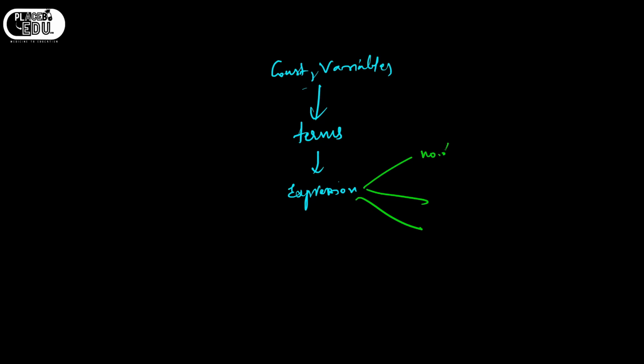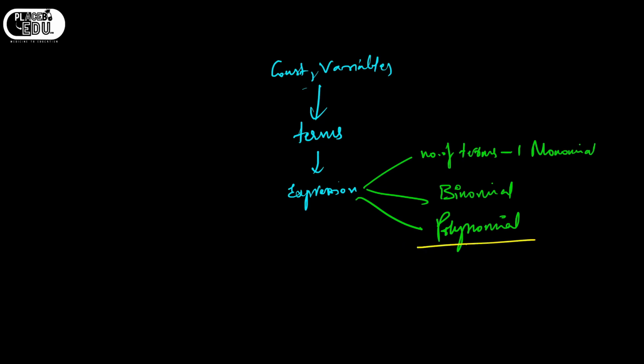If the number of terms is equal to 1, then it is a monomial. If the number of terms is 2, then it is a binomial. If the number of terms is more than 2, it is known as a polynomial. Understood? So what we are going to discuss is this polynomial.